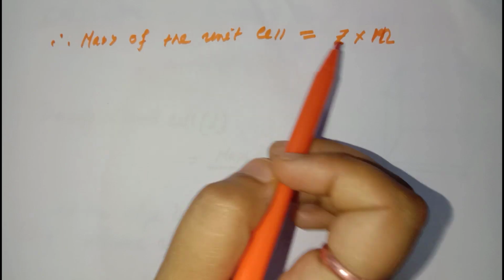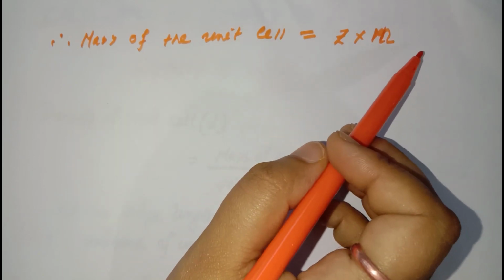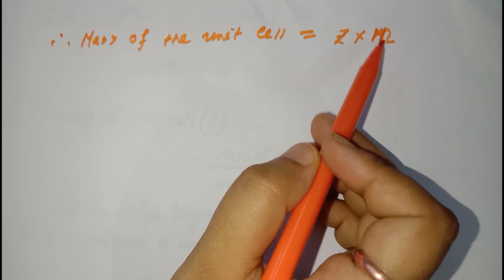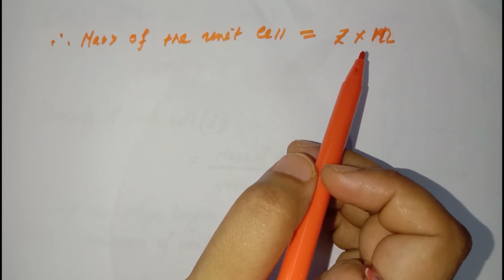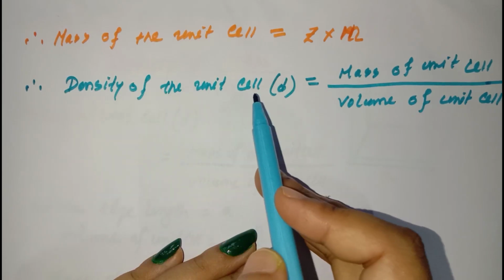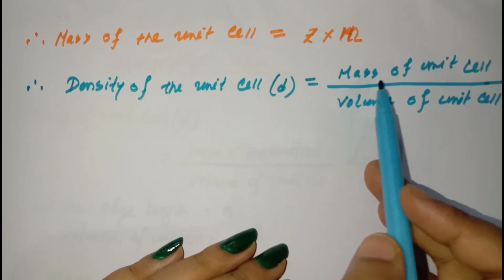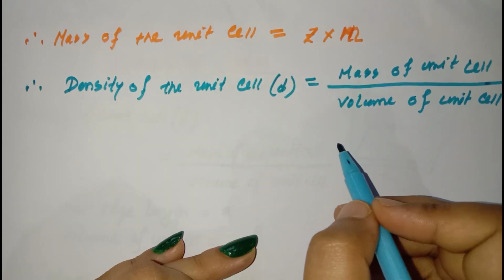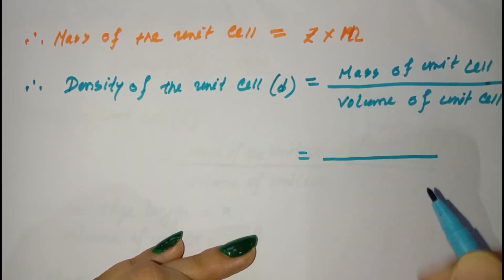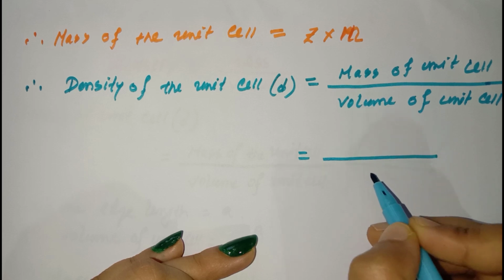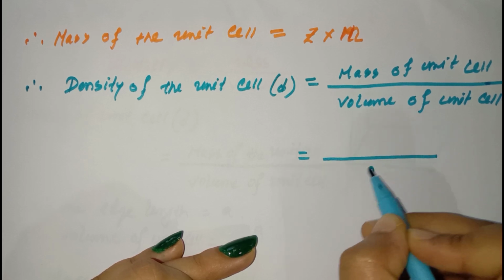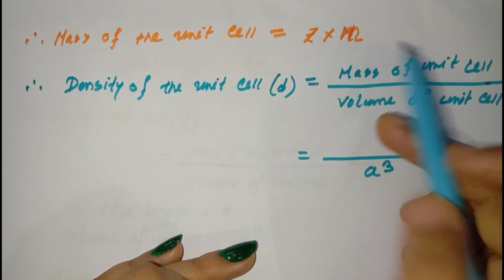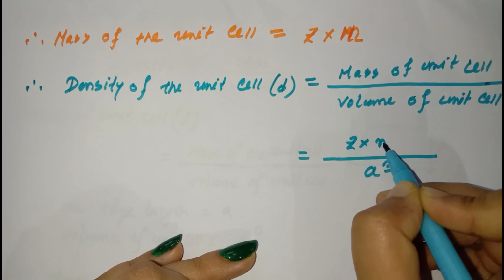Therefore, the mass of the unit cell will be Z into m, where m is the mass of each atom present in that unit cell. Therefore, density of unit cell, that is small d, is equal to mass of unit cell per volume of unit cell. Now putting all these values, the volume of the unit cell is a cube, and the mass of the unit cell is Z into m.